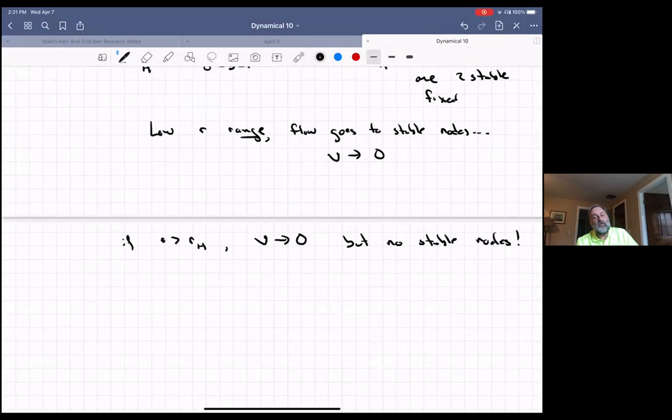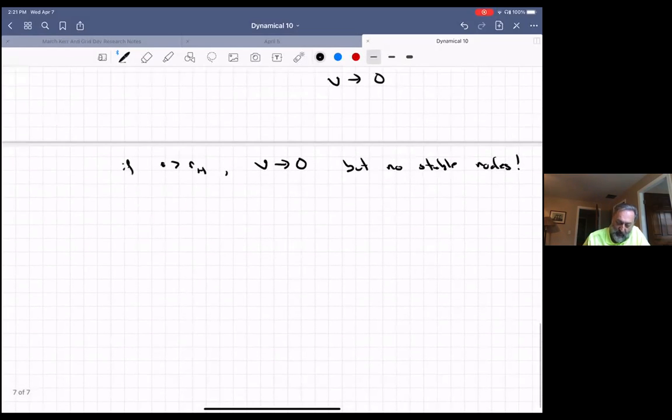So how is it that you can have a volume in a three-dimensional space go to 0 without all the points going to points on a stable node? And the answer is that all the points start to fall on the strange attractor.